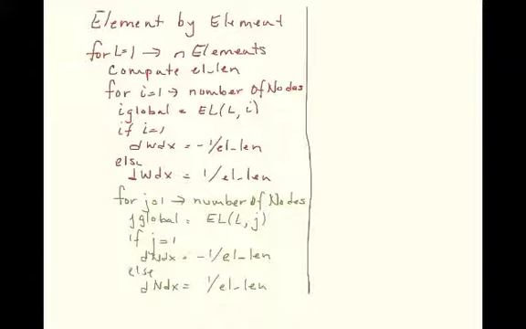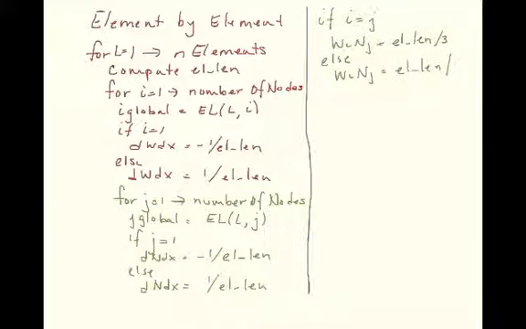J global, we have dn dx, but now we have if I equals j, wi nj is equal to L length over 3. Else, wi nj is equal to L len over 6.